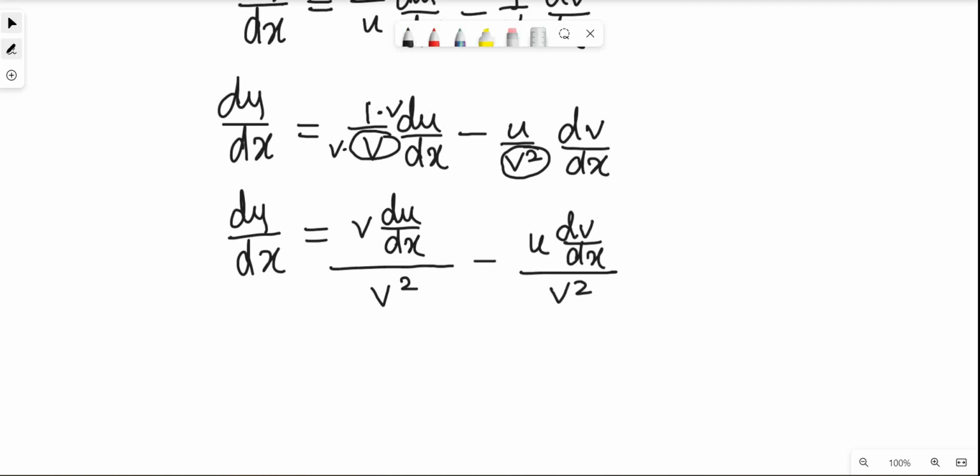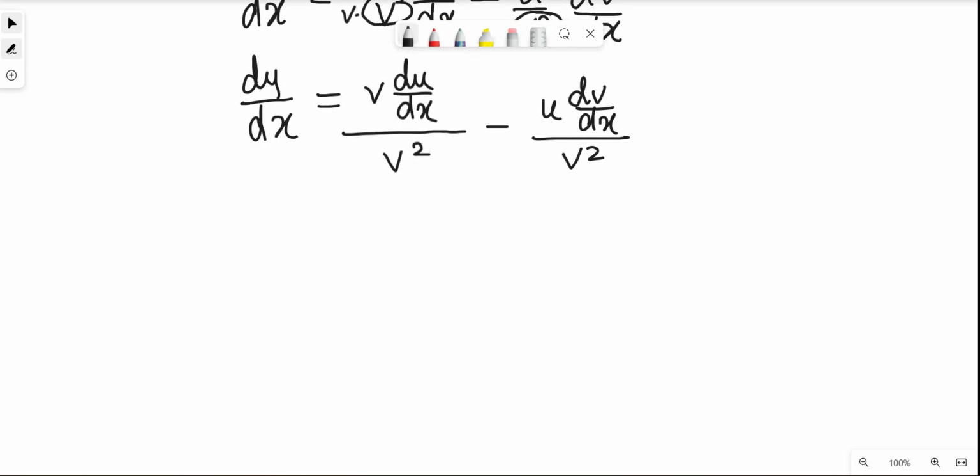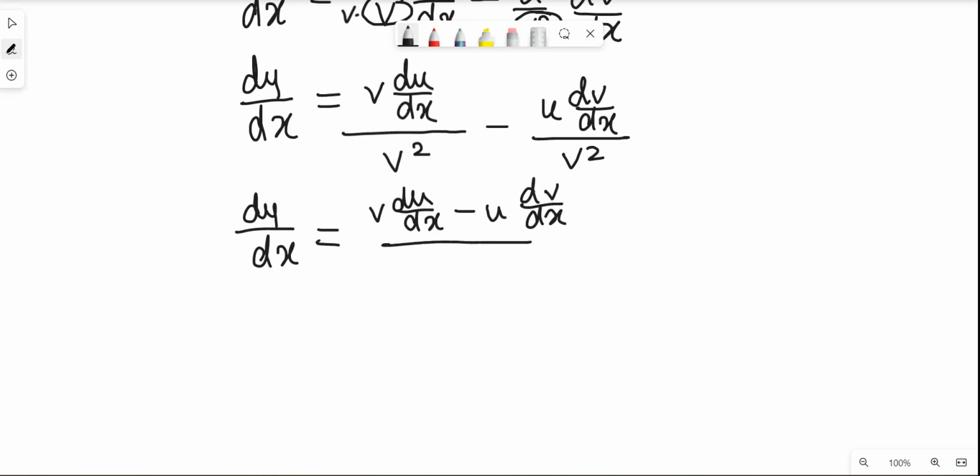And now we simply subtract the two fractions, and we get the final answer, which is v du by dx minus u dv by dx all over v squared.